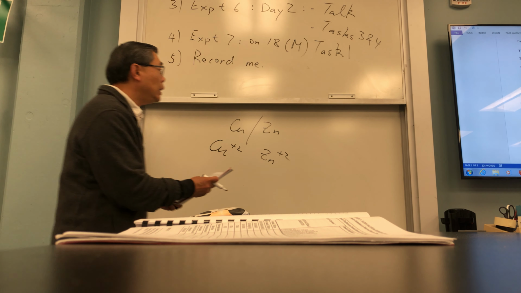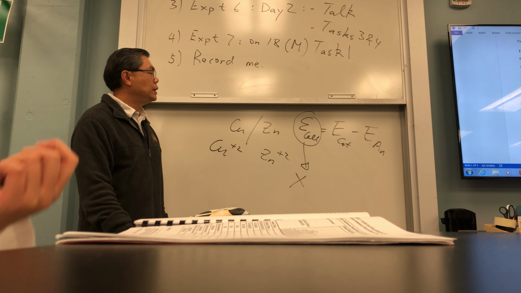So we have the golden equation, E sub cell equals E cathode minus E anode. And we want the E sub cell to be what? Positive. Why?